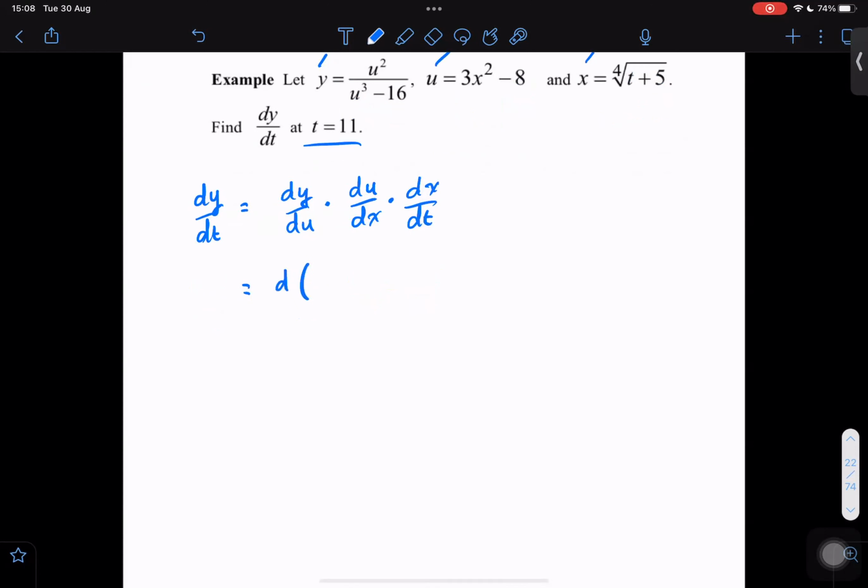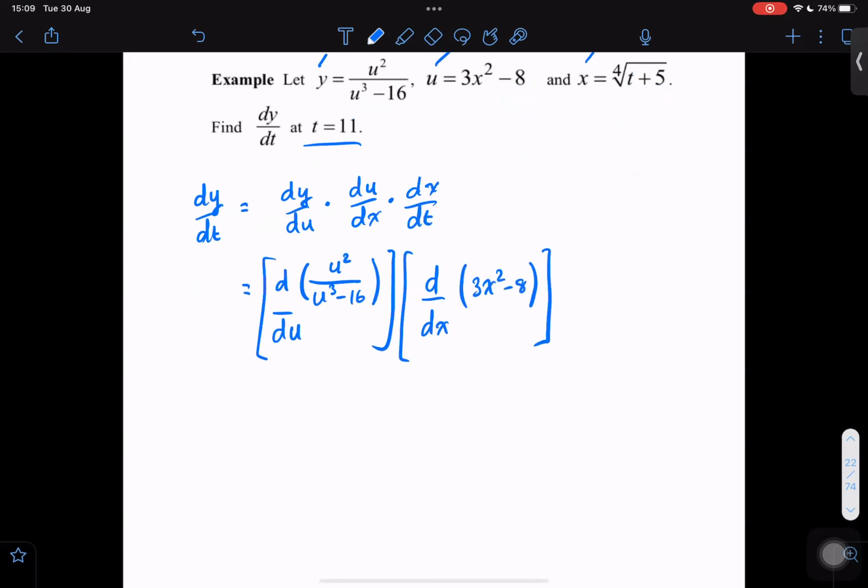So one is d by du of u squared over u cubed minus 16. Another one is d by dx of 3x squared minus 8. And the last one is d by dt of the fourth root of t plus 5.